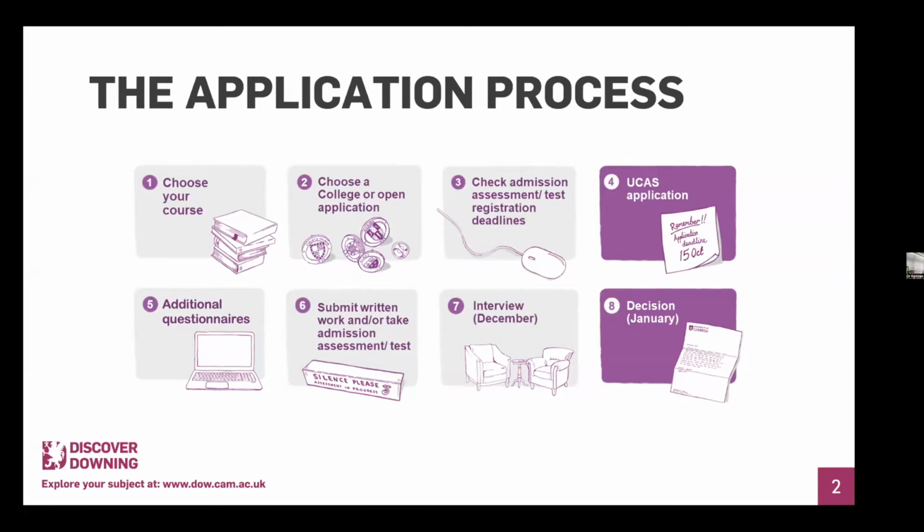UCAS applications provide a certain level of detail, but at Cambridge, we would like to know a lot more details about the applicant. For example, in the additional questionnaire, we will ask you to provide information about what topics you've covered as part of your A-level course. And that then gets added to your application.